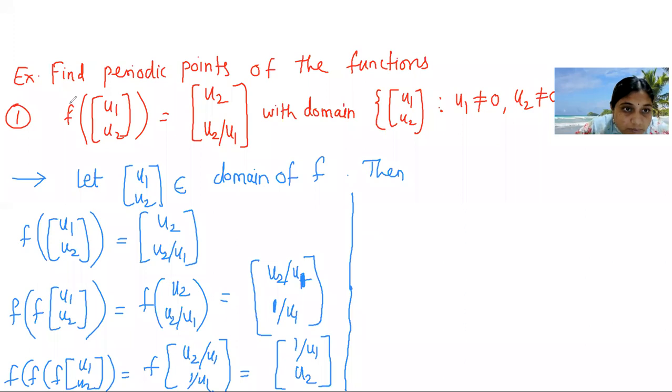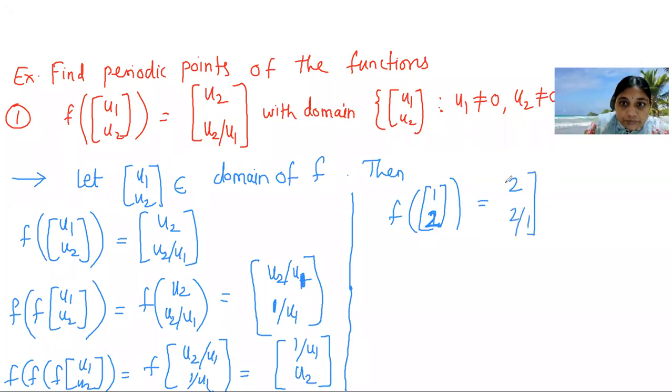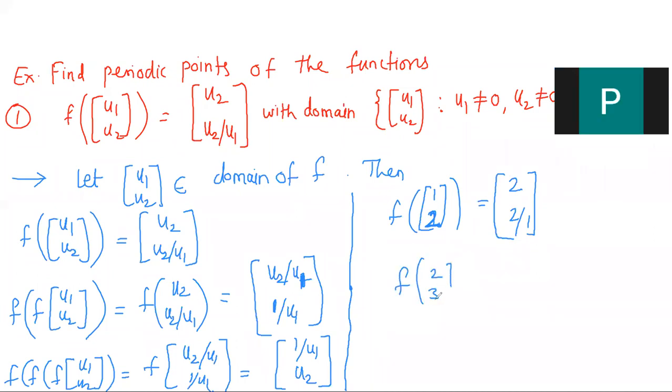Look here. What is my f of u1, u2? The first coordinate is u2, and the second coordinate is u2 by u1. Do you understand? For example, what is f of 1, 1? Or 1, 2, I will write. What is f of 1, 2? First 2, second 2 by 1. What is f of 2, 3?